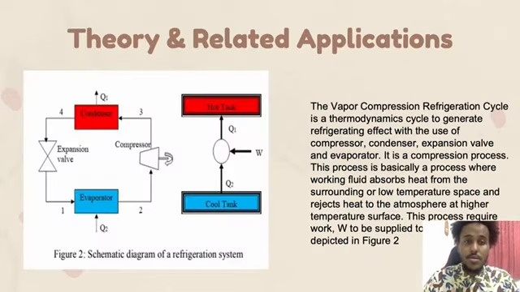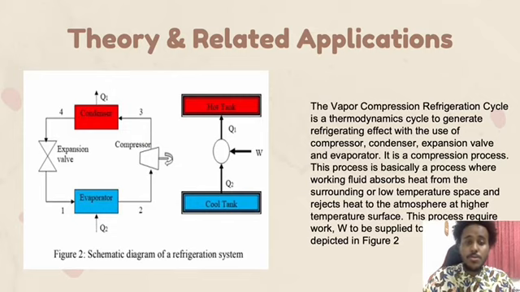Theory and related applications. This is our figure 2, the schematic diagram of the refrigeration system. Cool tank and hot tank. This is a conduit and evaporator. The vapor compression refrigeration cycle is a thermodynamic cycle that generates a refrigerating effect with the use of a compressor, condenser, expansion valve, and evaporator.